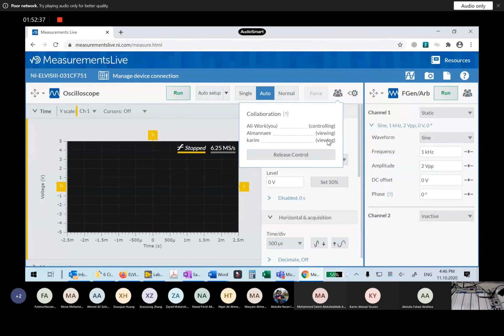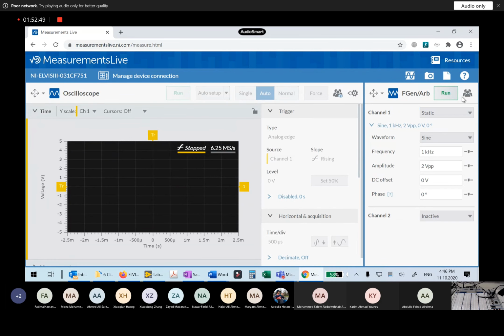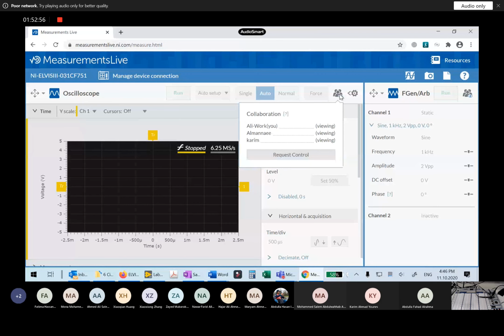This means I have control over the device, but you will see the results on your screen similar to what I will see. Now I release control, this means anyone of you can have the control. For example, Manai, can you control both devices? Okay, now Manai is controlling.